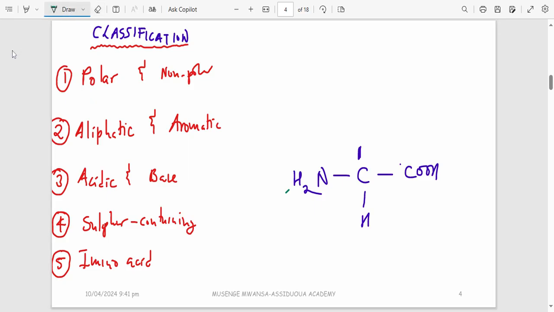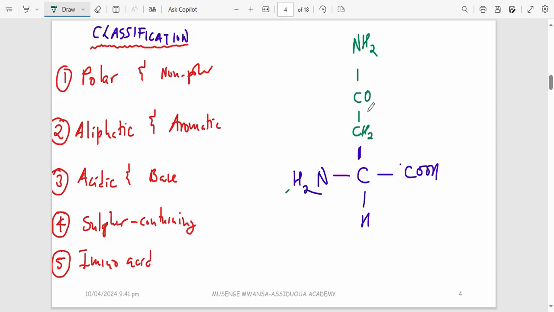Yes. Let's talk about asparagine. Asparagine, you are going to have CH2 bonded to CO and then bonded to NH2. Do you think asparagine is polar or non-polar? It's polar, excellent, because you can see bonds between nitrogen and hydrogen, and carbon and oxygen. Those are polar bonds.